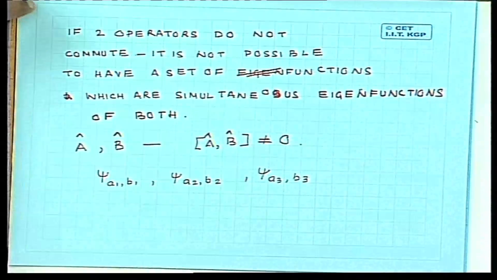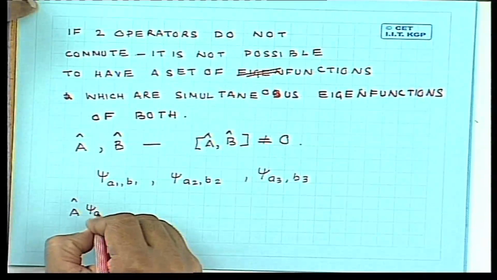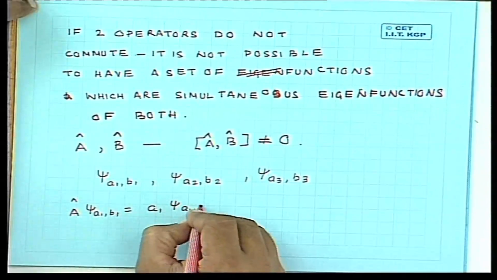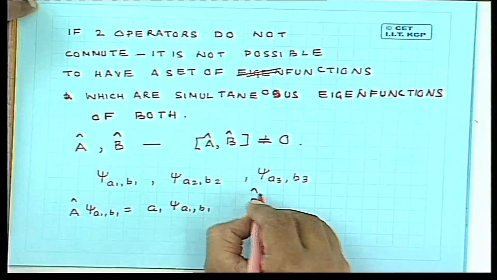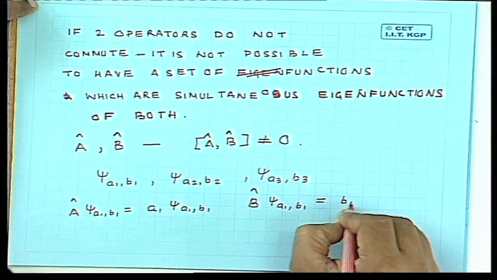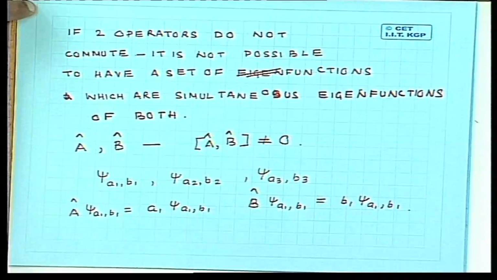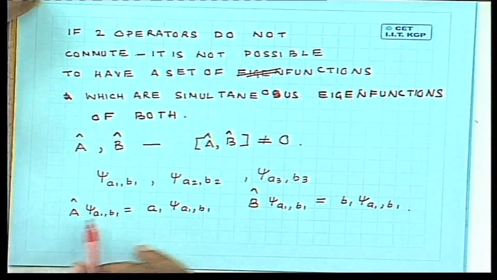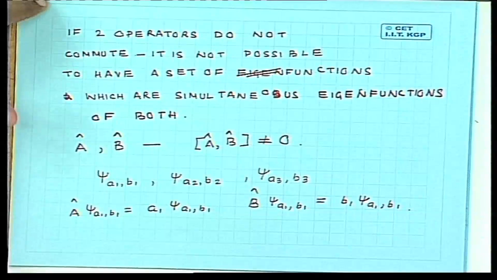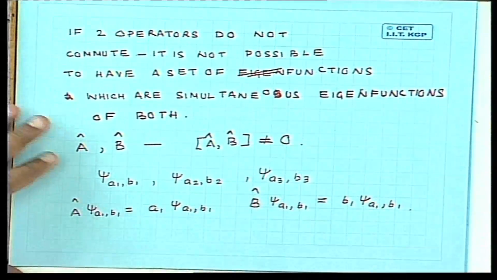So if A acts on psi A1 B1, it will give me A1, and if B acts on it, it will give me B1. Similarly, if A acts on psi A2 B2, it will give me A2, and if B acts on psi A2 B2, it will give me B2. Let us suppose that there exists such a complete set of functions.